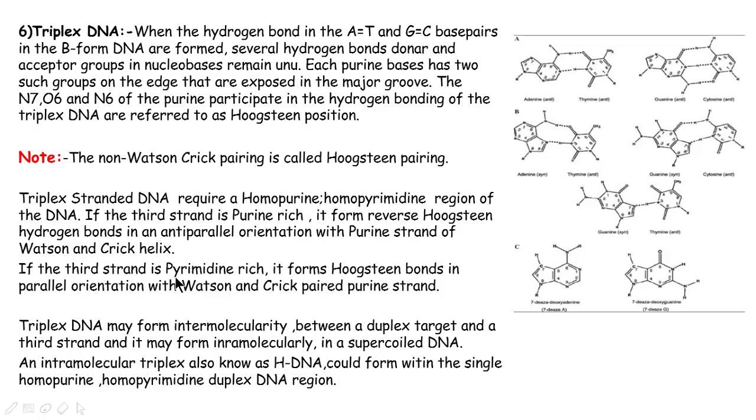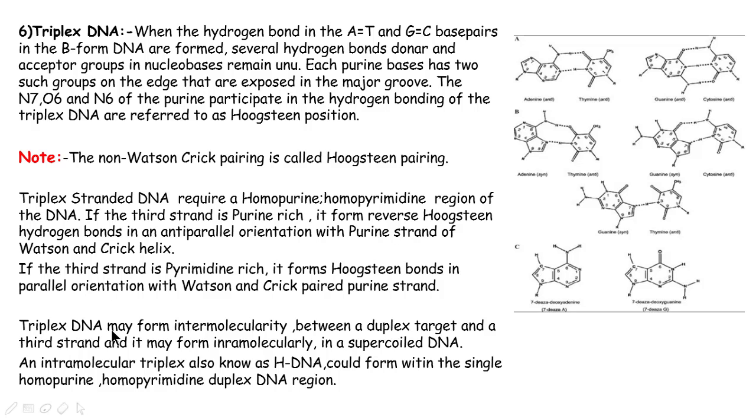If the third strand is pyrimidine rich, it forms Hoogsteen bonds in a parallel orientation with the Watson and Crick base pairing. What is the Watson and Crick base pairing? It is the AT and the GC. And always remember, if this third strand is a purine, it forms an anti-parallel orientation, and if the third strand is a pyrimidine, it forms a parallel orientation with the Watson and Crick base pairing. Okay.